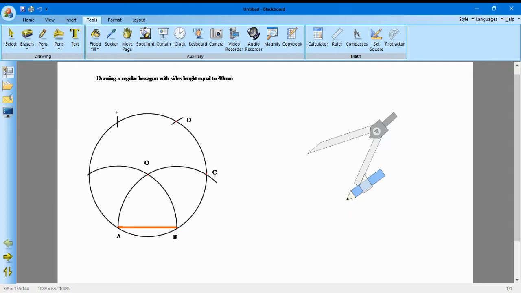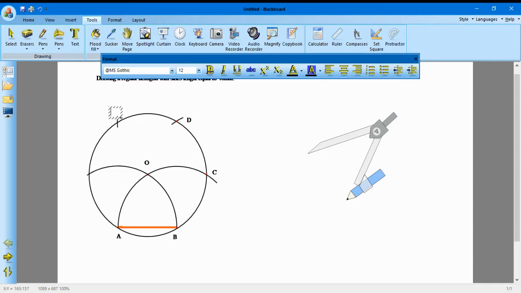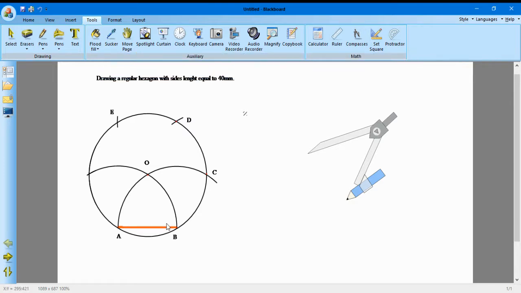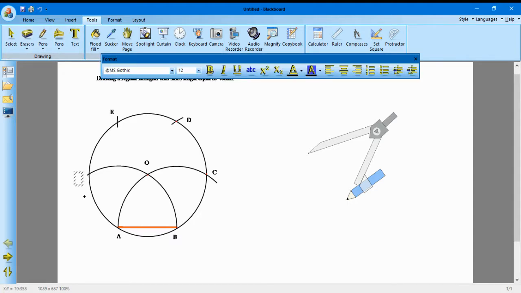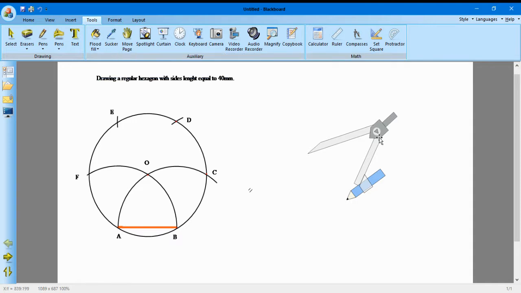Now, this arc that I just scribed, I'm gonna call it point E. Now, if you notice, you already have 1, 2, 3, 4, 5, 6. We already have 6 points. This point that I have here, which is the first point we strike as well, we can call it point F. Right? That will be the points for my hexagon. Right?